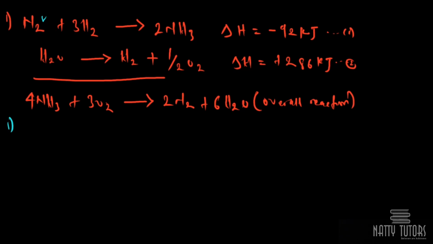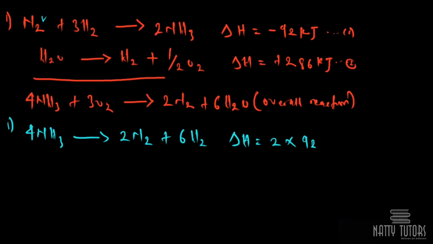So we are also reversing it, so it becomes 4 ammonia to form 2N2, that is for our nitrogen, plus 6H2. Then our change in enthalpy becomes what? 2 times 92 kilojoules. It also affects our change in enthalpy. This becomes our equation 3.